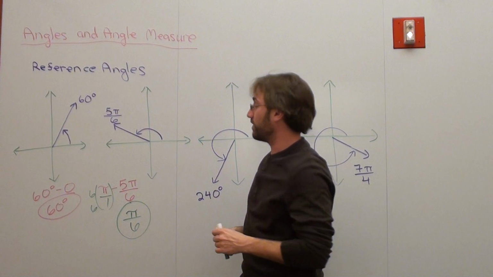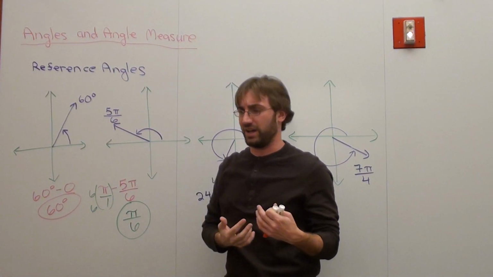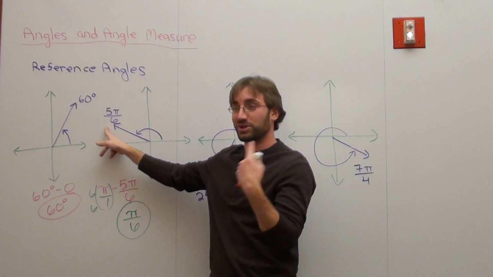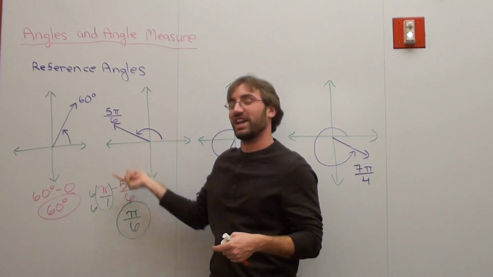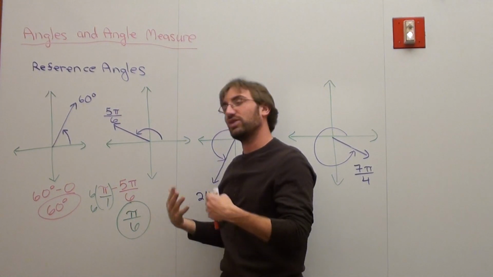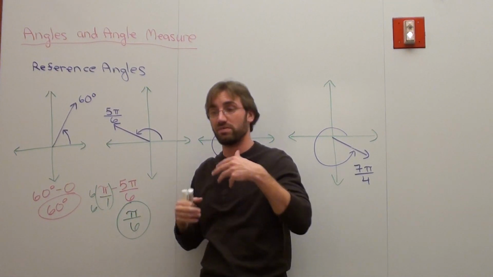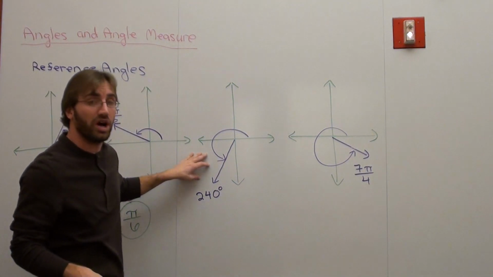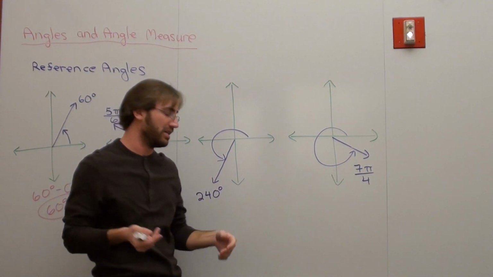Now what I have students do is convert this to a degree. If I tell them to put the reference angle in radians, they'll actually put this in degrees, then take 180 minus the degree, then switch the answer back to radians. And if you feel comfortable doing that, that's fine, but you should be able to know how to switch from one to the other, and if you don't, practice makes better. When it's in the third quadrant, you take the angle and subtract 180, if it's a degree.